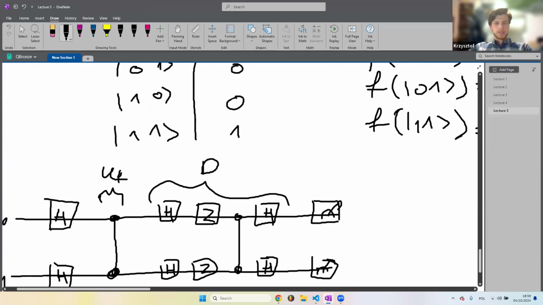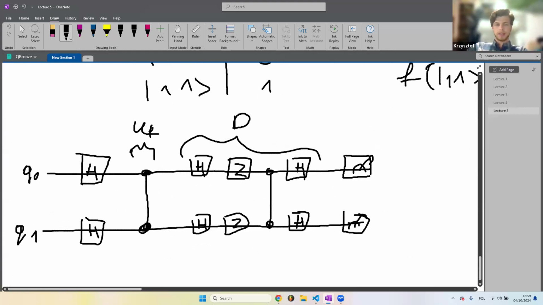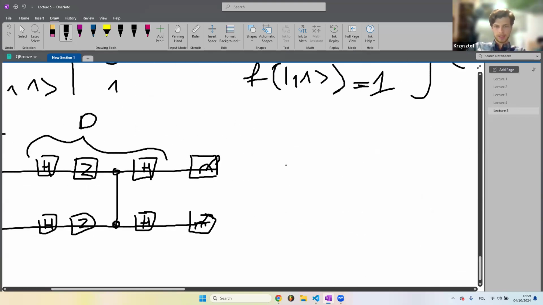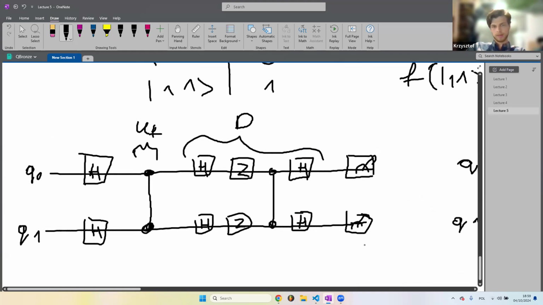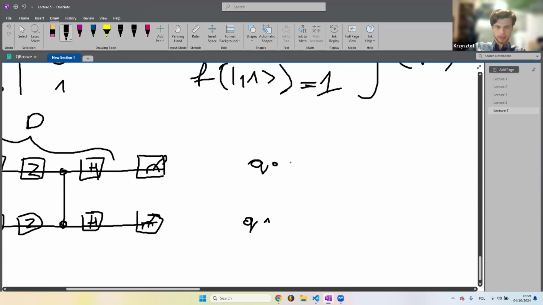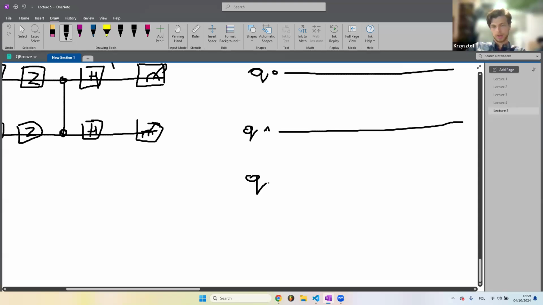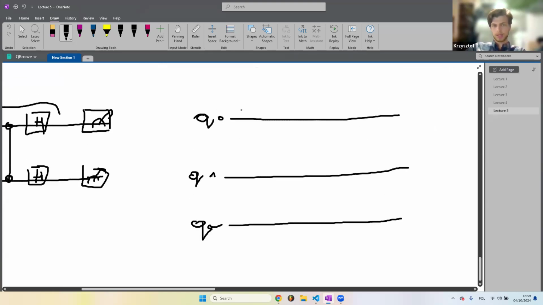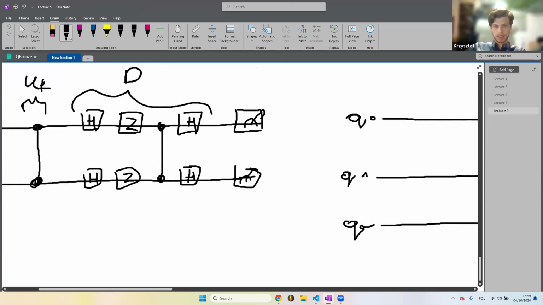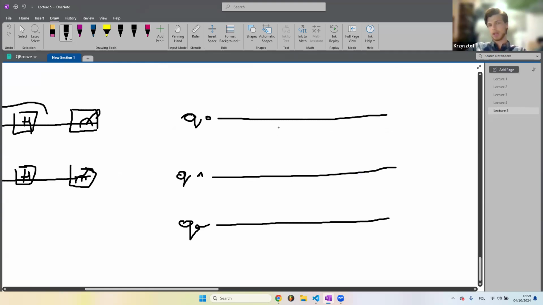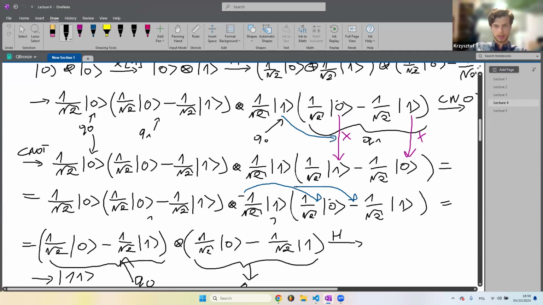But actually, this is not how the Grover algorithm is implemented in the notebooks. The Grover algorithm in the notebooks is implemented quite differently. This is one way of writing this operator D, but in the notebooks, we will use the auxiliary qubit, and this auxiliary qubit will perform the Control Z gate through the phase kickback algorithm we talked about yesterday.